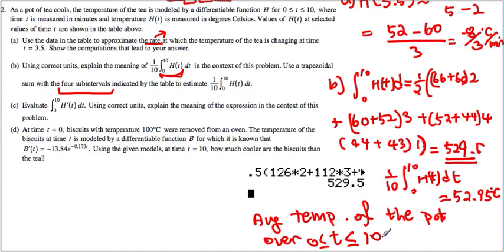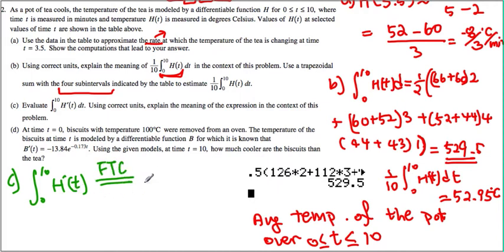All right, let us try to answer C together. C is to evaluate this using the correct unit. In this case, we like to look at the fundamental theorem of calculus, FTC.